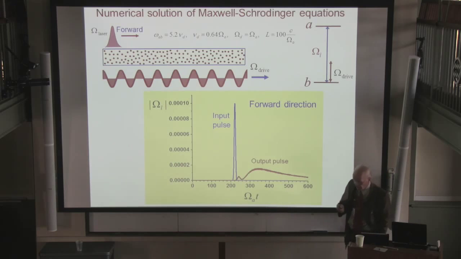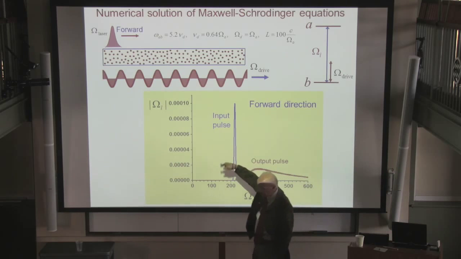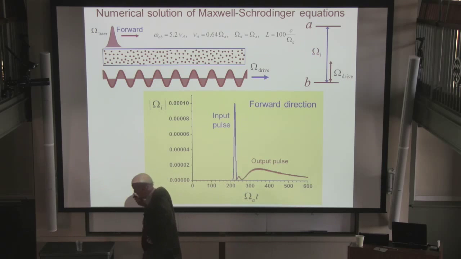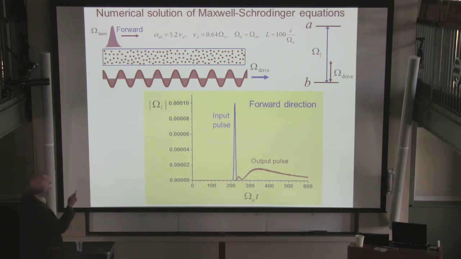So let's look at what you get when you put those two equations into the computer and propagate through a long tube of atoms. Let's put a drive on which is infrared, and let's ask what would happen if I'm looking for 3-photon excitation from A to B, always thinking about something simple like hydrogen 2p to 1s.